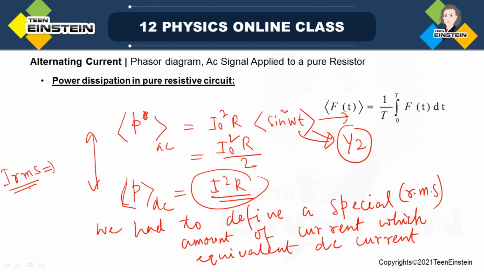That means this RMS value is the current which can produce power dissipation in the purely resistive circuit as I squared R. Because if I just take the instantaneous value or normal value of the current, I get half of the power dissipation of DC as our average power in AC circuit.